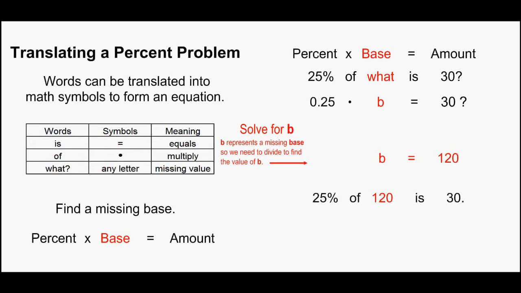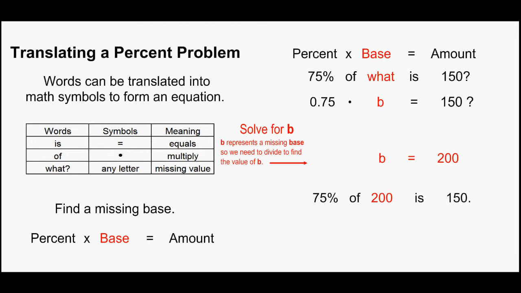Equals is, and our amount 30. B is a base. It is a factor. To solve for a missing factor, you'll use division. 30 divided by 25 hundredths equals 120. B equals 120. 25% of 120 is 30.